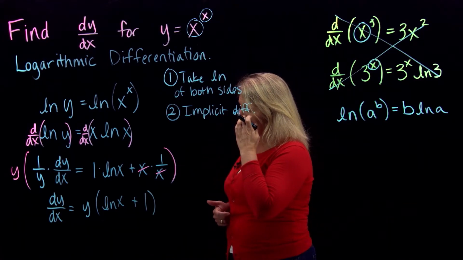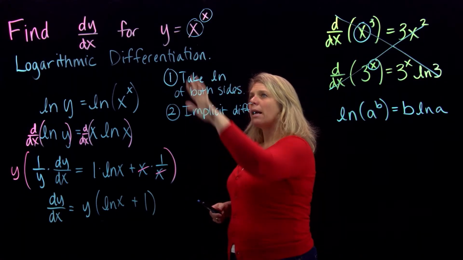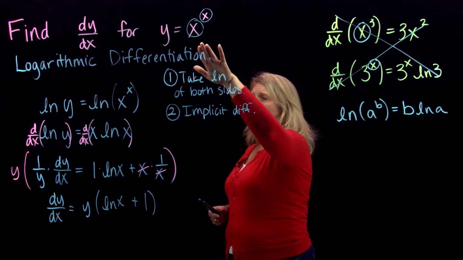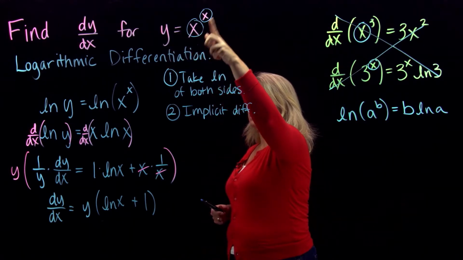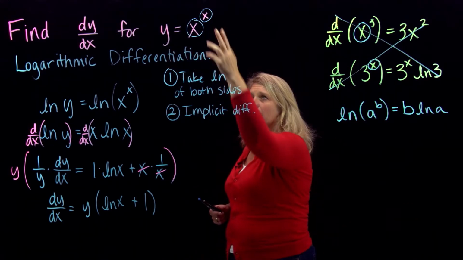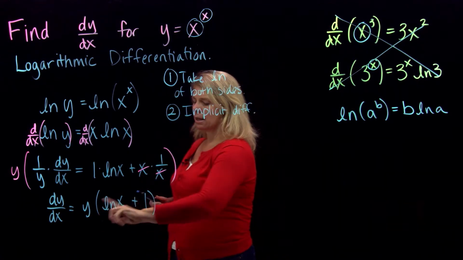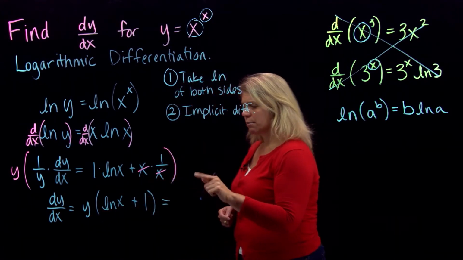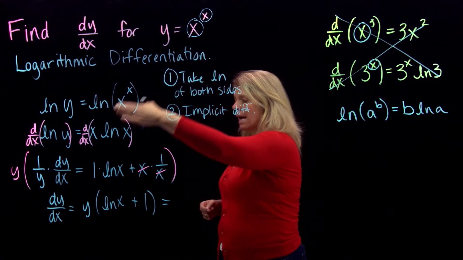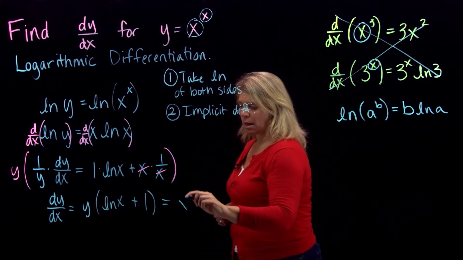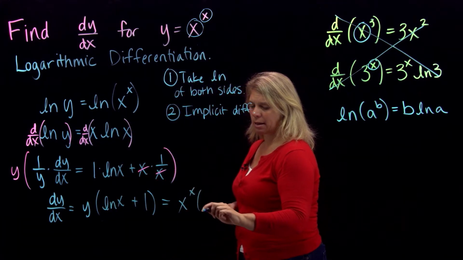At that point I actually have my derivative. I might notice, though, that the original function was given y completely in terms of x, so I could substitute in place of y what y actually is, so that I get my answer completely in terms of x.